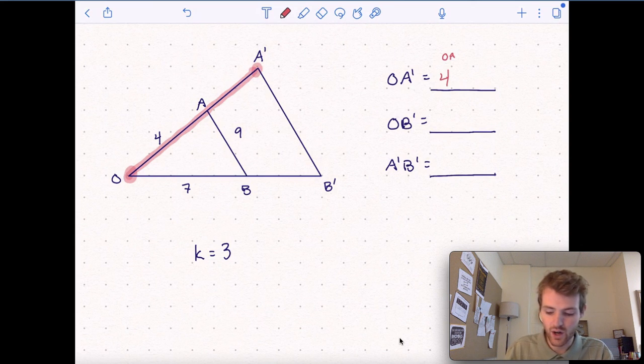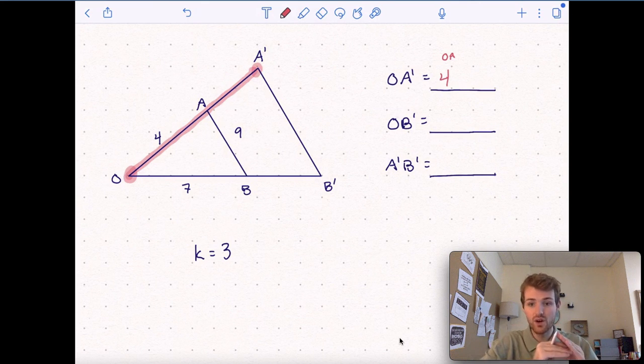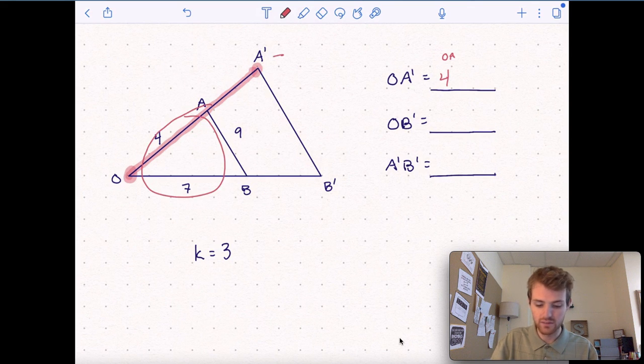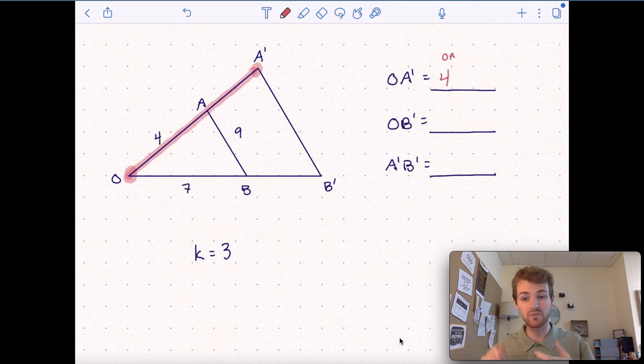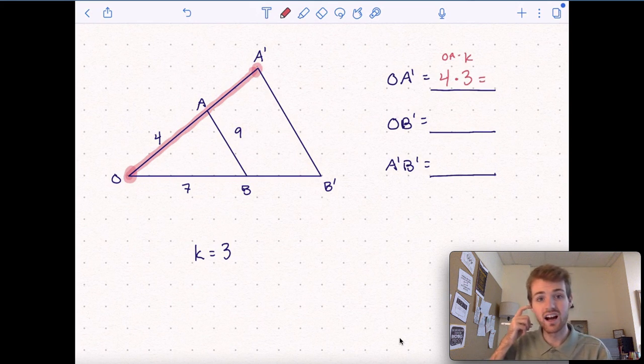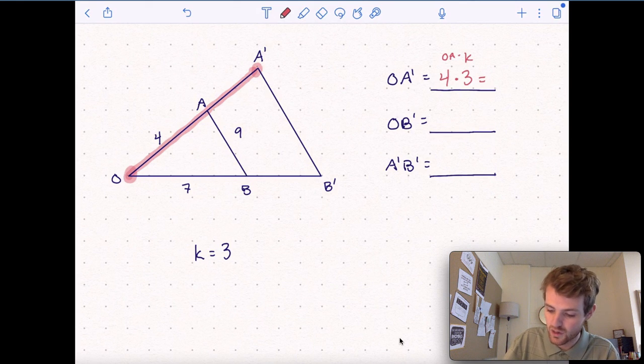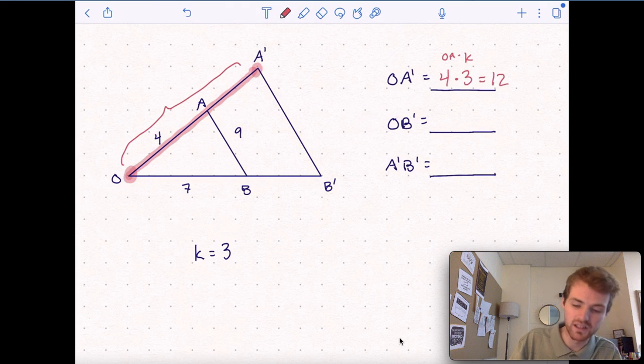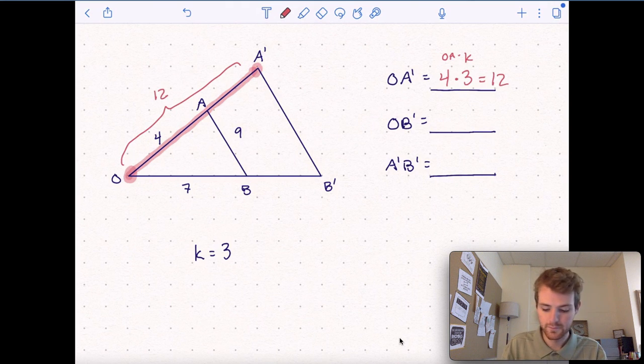If we know that OA is 4, and we know the scale factor, we know how these 2 triangles, the small triangle and the big triangle, are changing: by multiplying by 3. 4 times 3 gives us 12. So this whole side will end up being 12. Because we know the scale factor, we can just multiply.